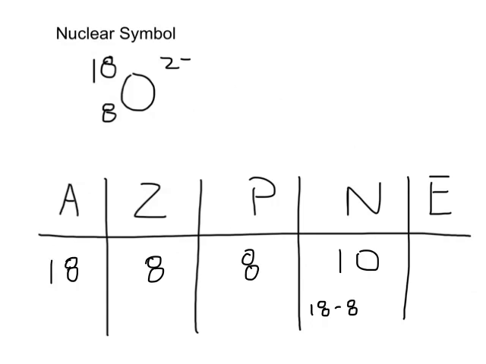Now I have a negative charge, so I have to think to myself, 8 minus what number equals -2, and that number would be 10. So in this case, I have 8 positives and 10 negatives, which leaves an overall balance of an extra -2 charge.